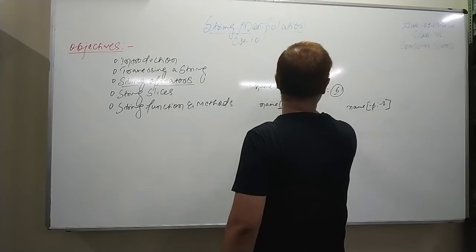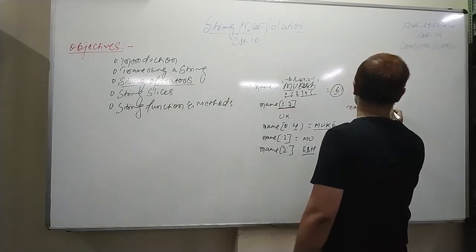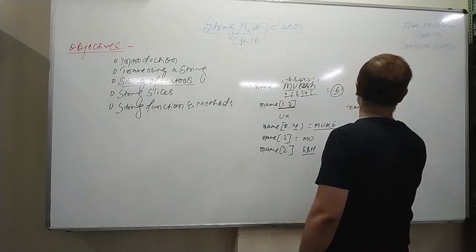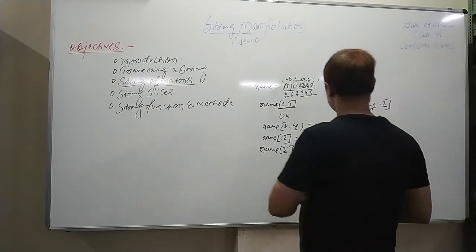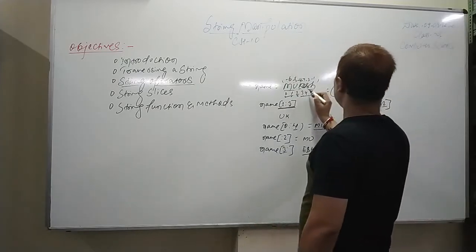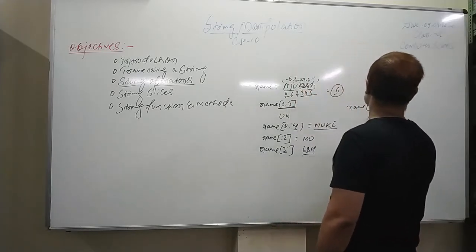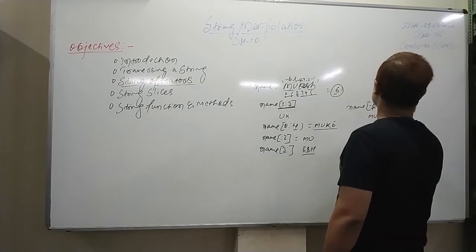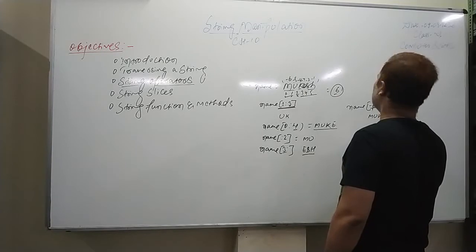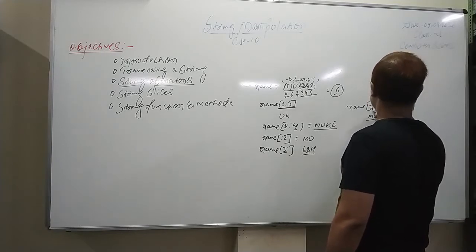So this is what the output will be. -6 to -2, this is the starting one and this is the ending one. So it will give you M, U, K, E and then S.